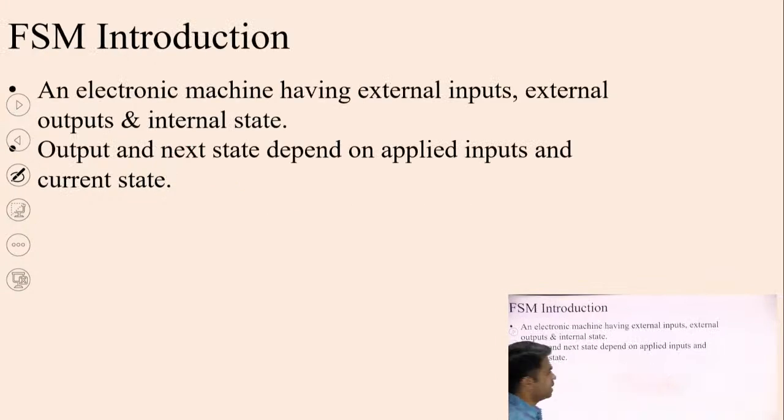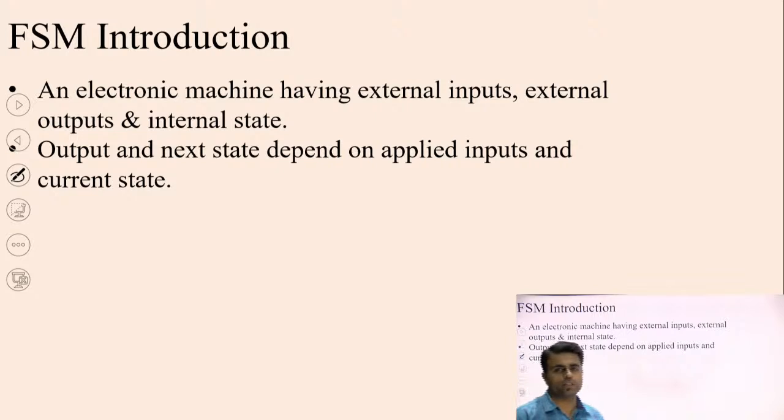So, what is an FSM? It is an electronic state machine, or any kind of digital electronic circuit which comprises flip-flops. The presence of flip-flops is a must. So, a combinational circuit cannot be considered a finite state machine. That means the circuit has to be sequential and it must have some kind of flip-flop: SR, JK, T or D. Any circuit having flip-flops can be considered a finite state machine.